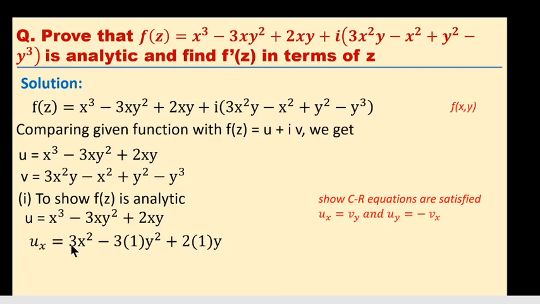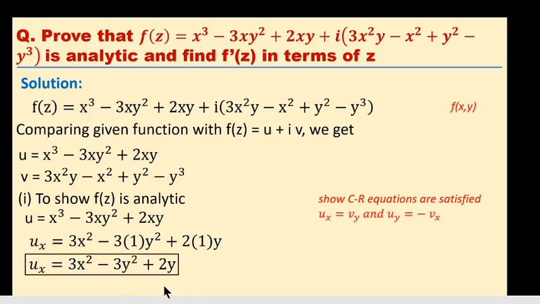Derivative of x cube with respect to x is 3x square, minus 3, derivative of x is 1, y square remains as it is, plus 2 remains as it is, derivative of x is 1 and y remains as it is. This on simplifying gives us ux equal to 3x square minus 3y square plus 2y.